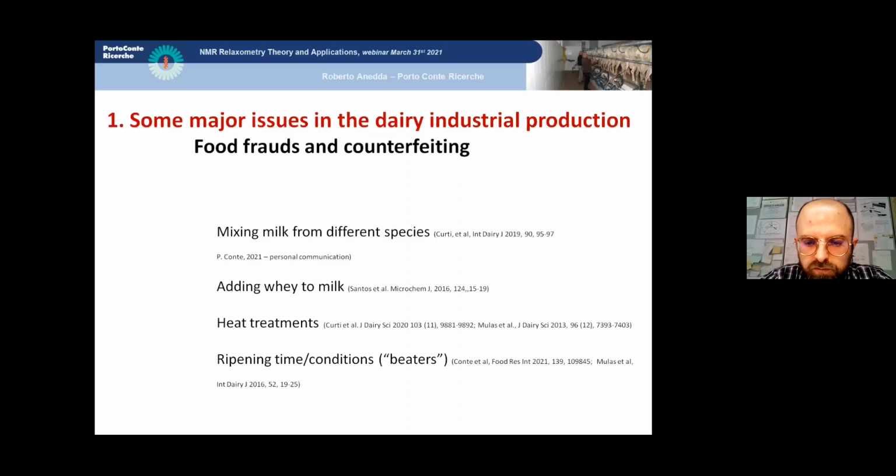But ripening is greatly influenced by the production chain, by the cheese making process, and by the ripening process too. All these problems finally lead to brand abuse, which is a great damage, especially for protected designation of origin products.